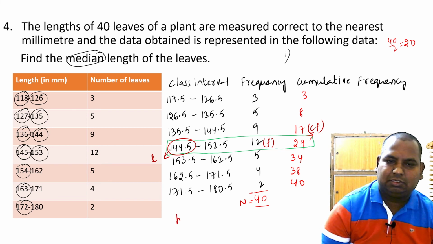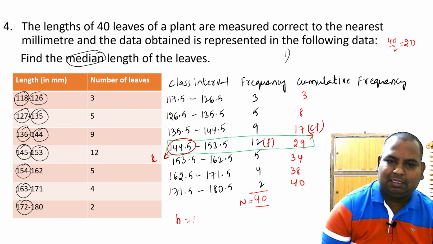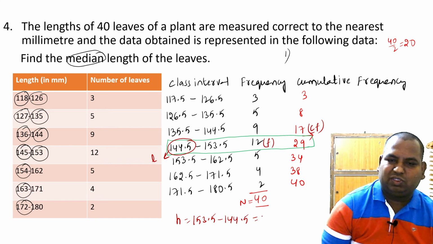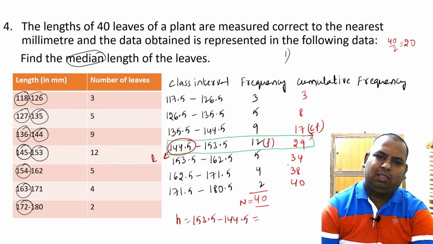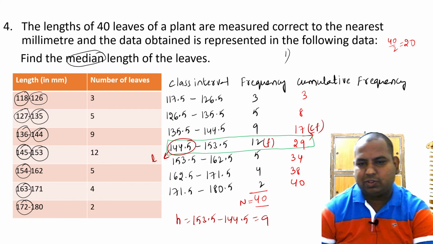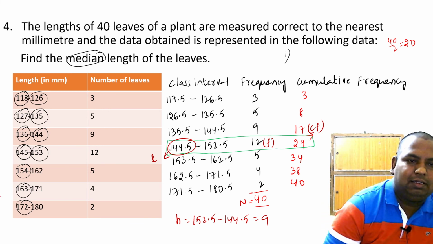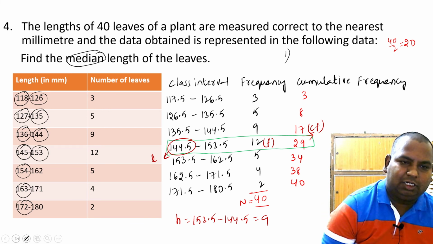H is the class size of the median class, that is 153.5 minus 144.5, which is 9. So the H value is 9. Yes, it's 9.